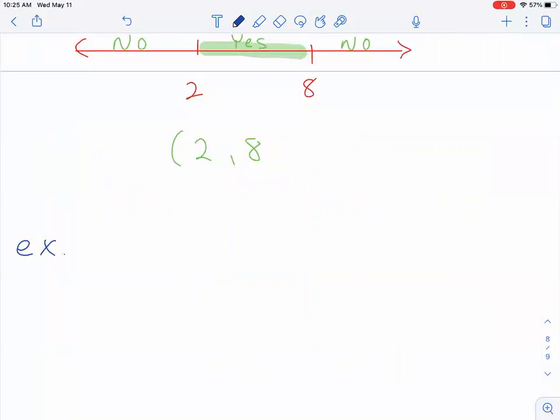So let's say we have 2x squared minus 27x is less than 7x minus 140.